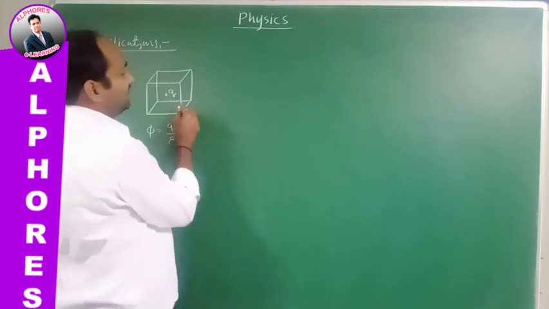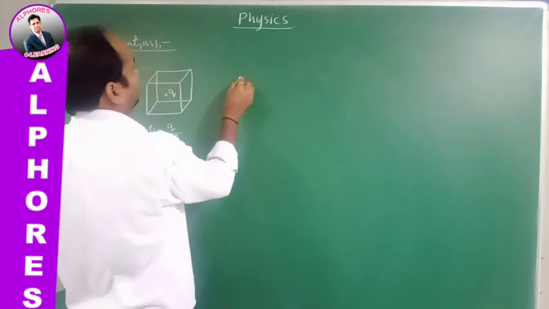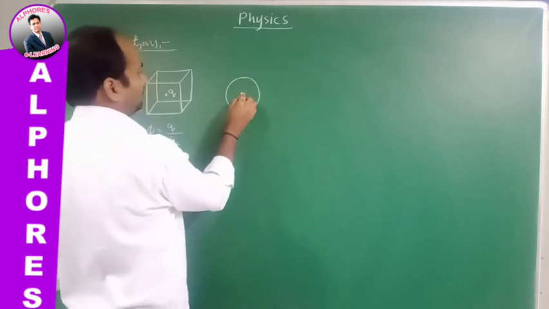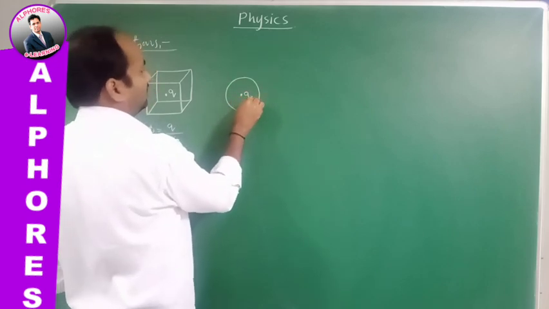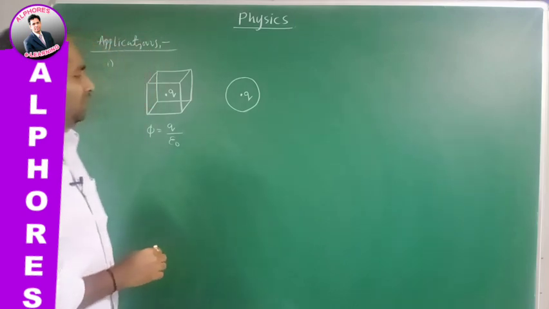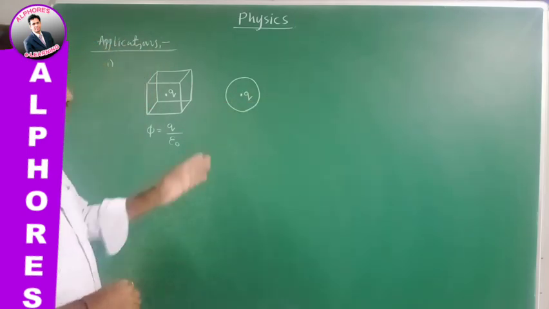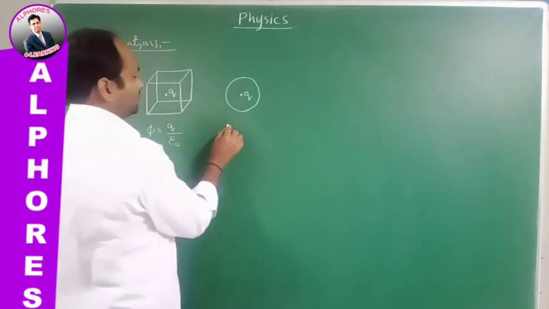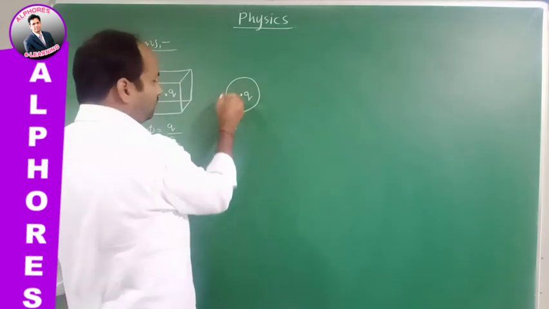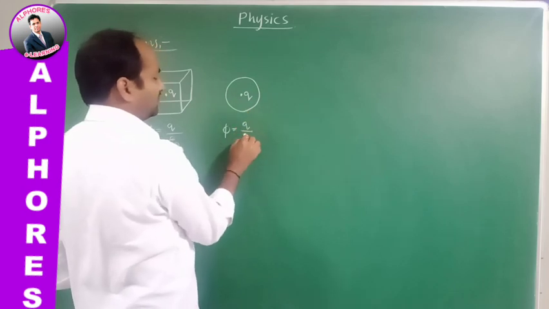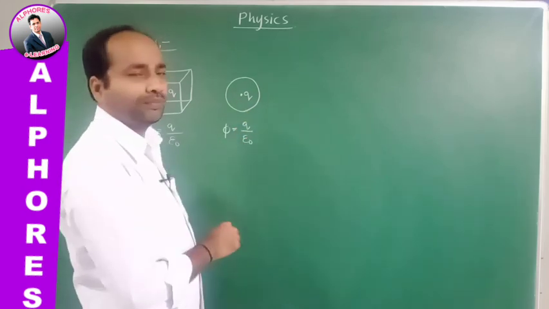In the same way, instead of a cube, you may take the same charge enclosed by a sphere. A charge plus q is enclosed by the sphere. In this case also the flux passing through this sphere is 1 by epsilon naught times the net charge, that is q by epsilon naught only.